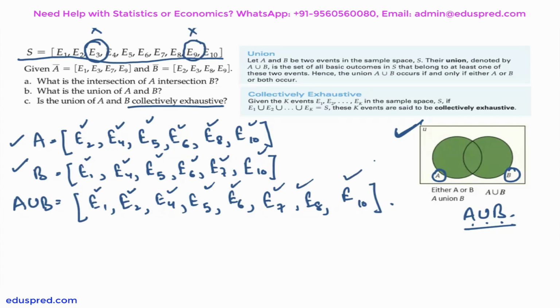So since A union B does not consist of all the outcomes of the sample space S, we can say that no, A union B is not collectively exhaustive, right? A union B is not collectively exhaustive.